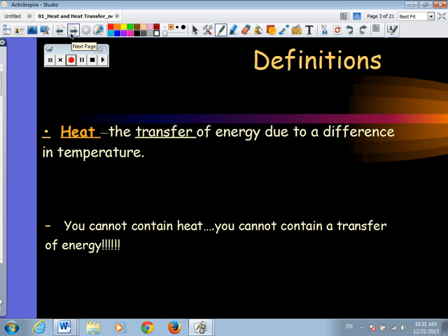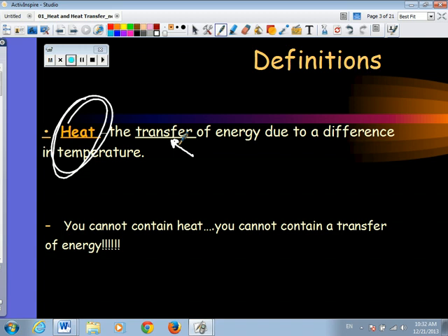This is one of the most important definitions we'll have right here, this idea of heat. Heat is the transfer of energy due to a difference in temperature, period. Don't tell me heat is how hot something is or how cold something is. Something feels hot or feels cold because of this transfer of energy.